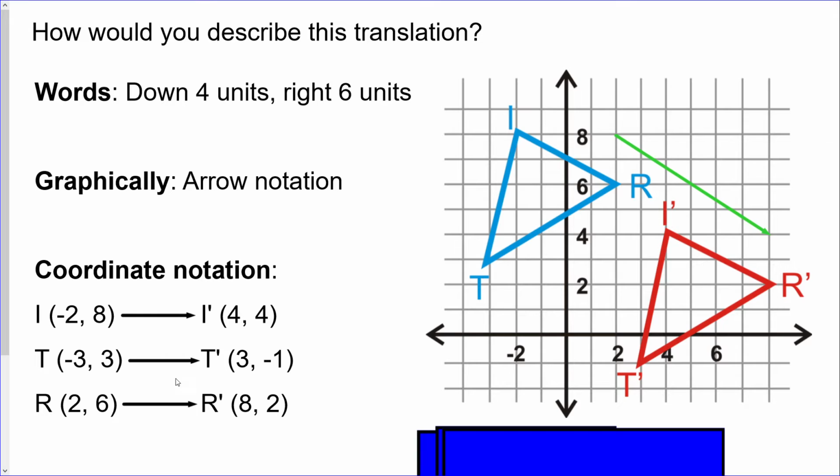Then you draw a little arrow, and then you put the X and Y coordinates for I prime, T prime, and R prime. Assuming I've done all that correctly, that should be exactly where the new coordinates are. So these are 3 different ways of describing what has happened during this translation of the blue shape. You would rarely do all of them at once unless you're doing a math worksheet.